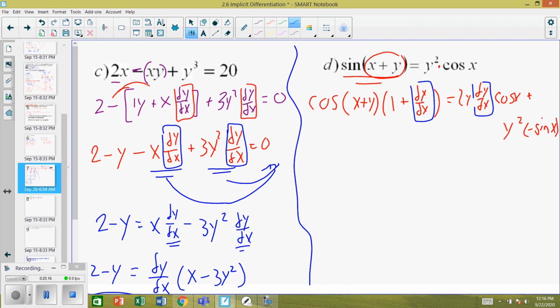I recommend doing that by first distributing everything out, and then we're going to get all the dy over dx's to one side.